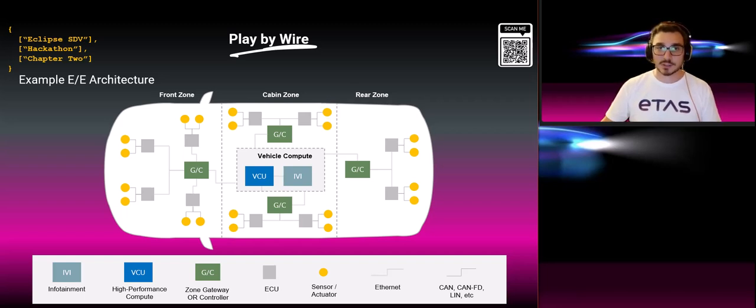Behind that you have a sensor ECU, which directly processes the digital or analog sensor signals. These go through a gateway or a zone controller and communicate to a vehicle compute zone, where a VCU or high-performance compute device is located, with of course an IVI, an infotainment system. And you have one, two, three, four of them.